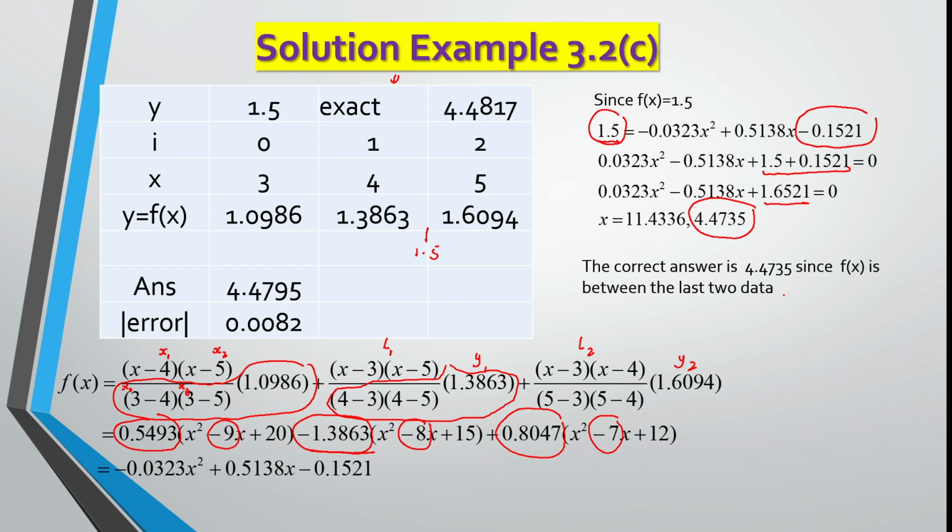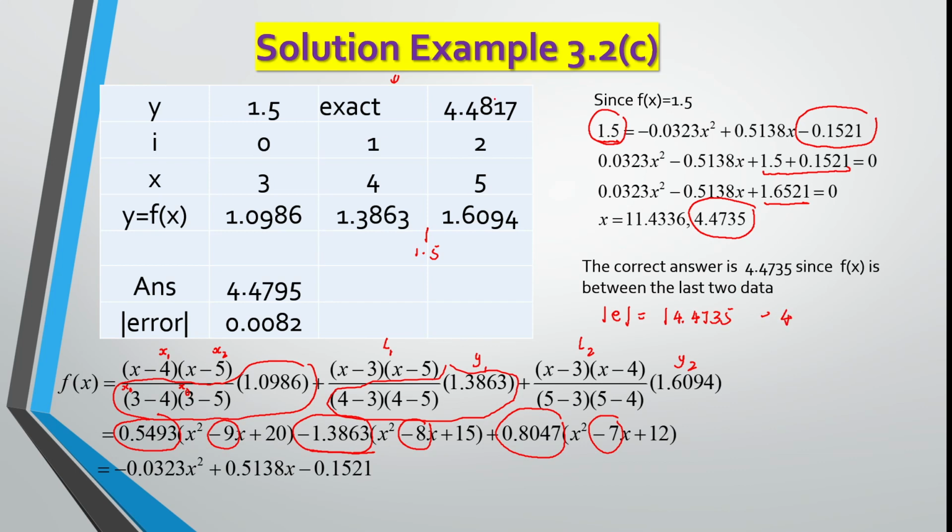In this case, if you want to, you can get the absolute error. We have 4.4735. What's the exact value here? 4.48.